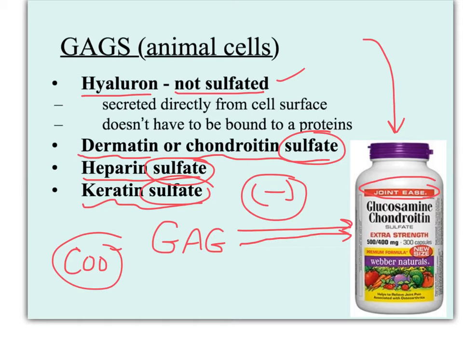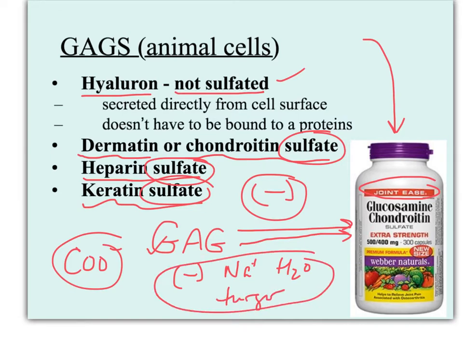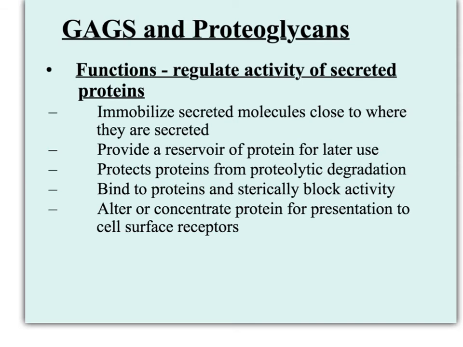And that's the big issue: do they really work? Sometimes it's a placebo effect, but that's fine if that's really the case. But the GAGs, just remember, negative charge attracts sodium, sodium attracts water, water causes turgor pressure. That helps protect you from compressive forces.